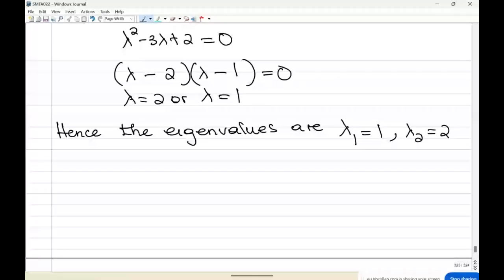Or maybe can I put lambda a and lambda b, in order to differentiate those two lambdas that you have? Is it fine? Can I put lambda a, lambda b, or lambda 1, lambda 2? If you put lambda 1 and lambda 2, are you not going to get confused by this?